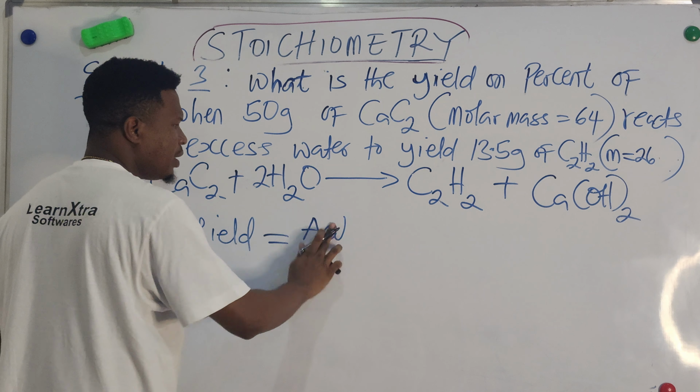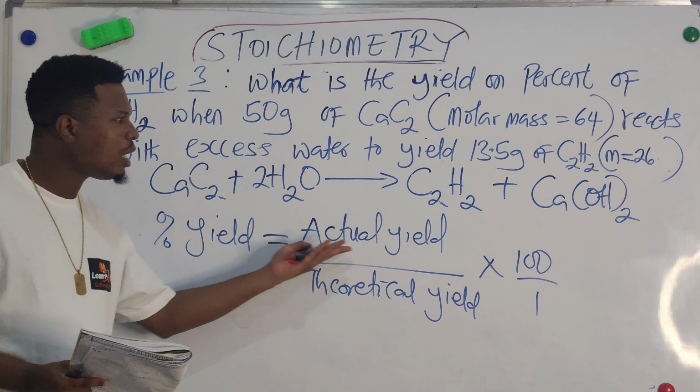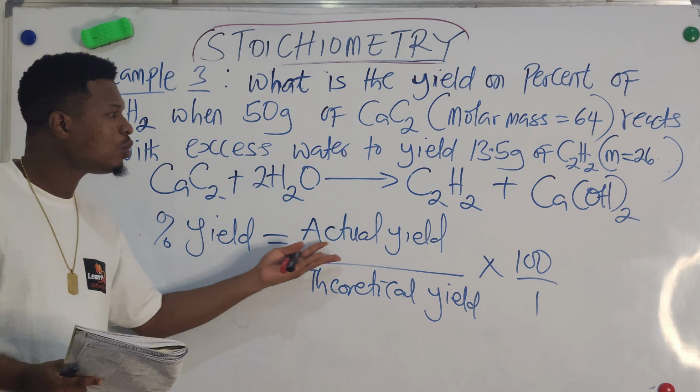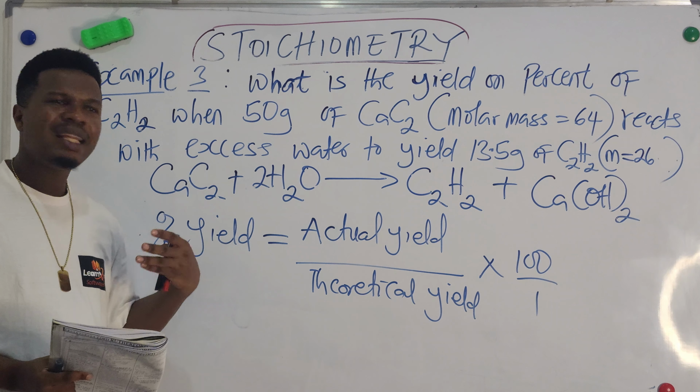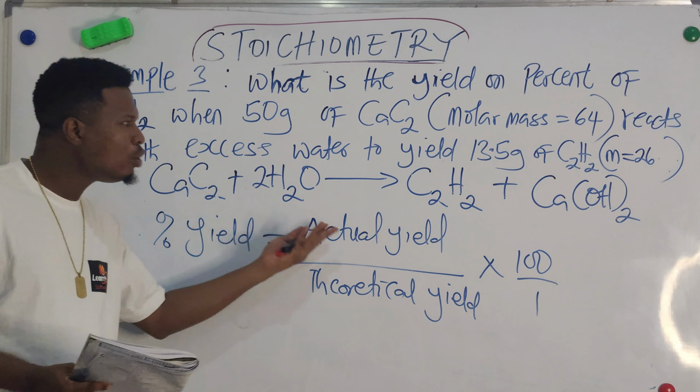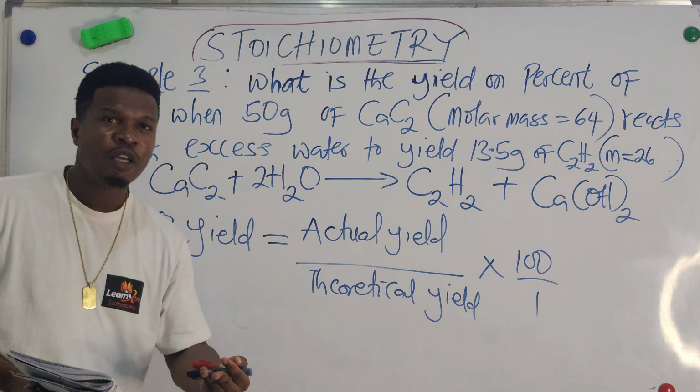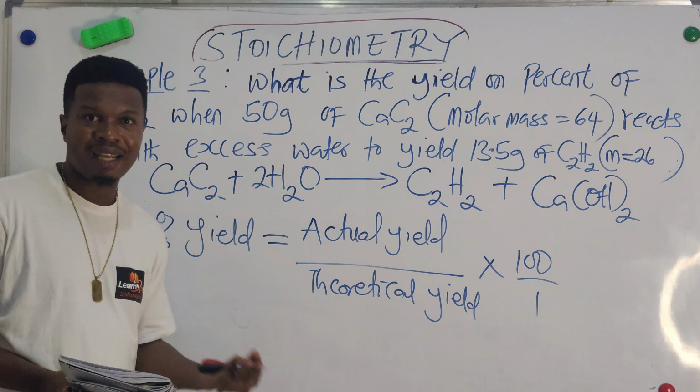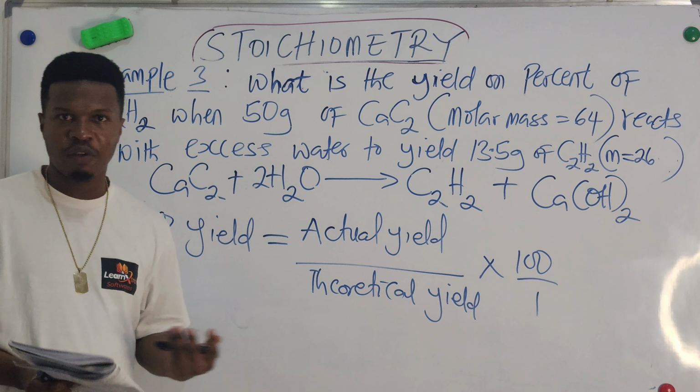But quickly, let me give you an intel of what is actual yield. This actual yield is the yield you get from the experiment when you carry out the experiment in the lab, or the product you get from experiments. Okay, remember that what you get from experiments might not be the same thing with what you get from the theoretical aspect of it, that is from the calculation aspect of it, okay?